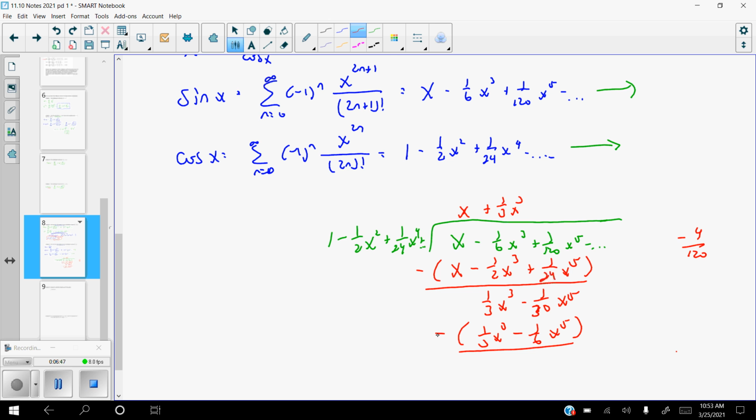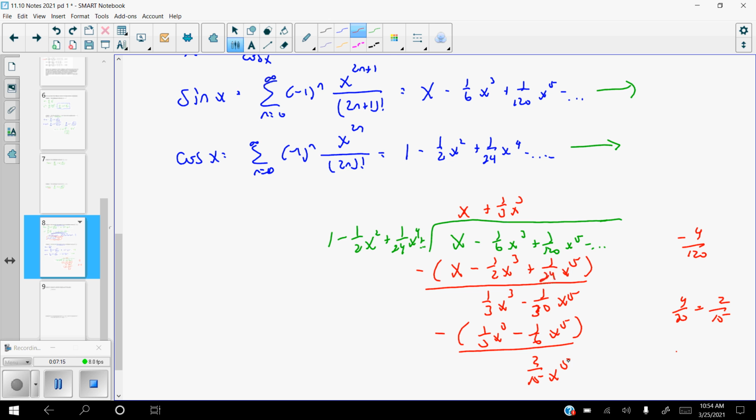So then we're going to get negative 1/30 plus 1/6. 1/6 in terms of 30ths is 5/30. So negative 1 over 30 plus 5 over 30 is going to be 4 over 30. And that's going to reduce to 2 over 15.